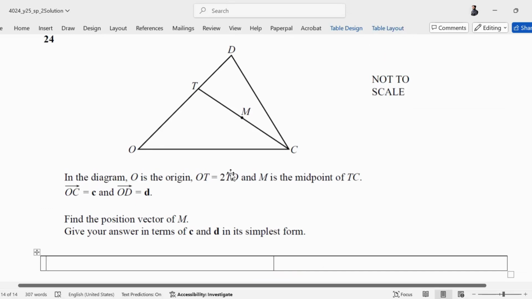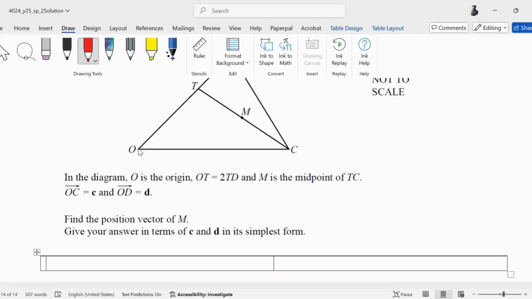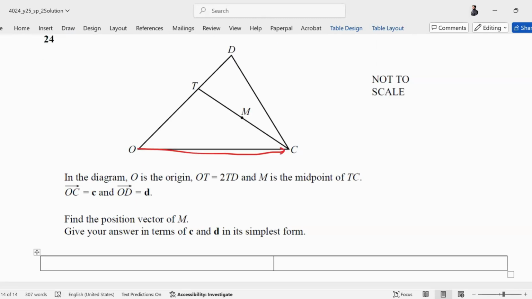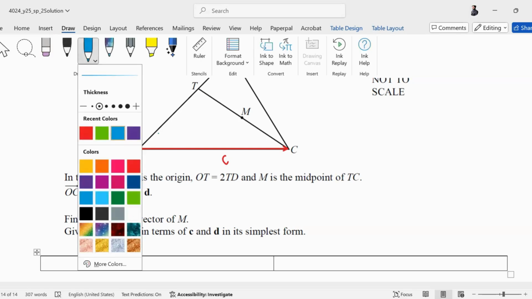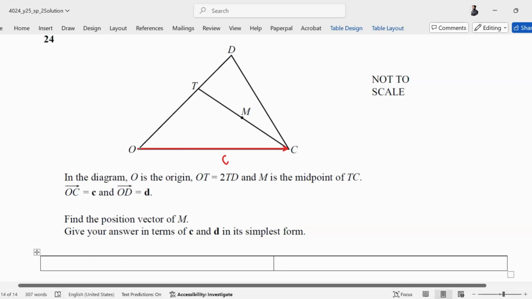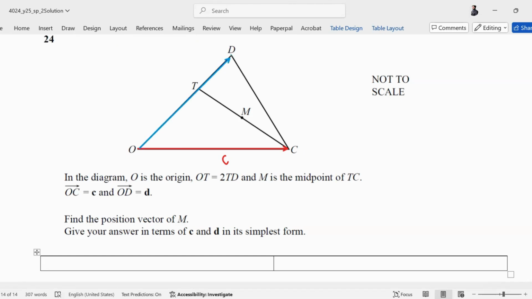The question has given us the vector OC is c. So it has told us when you go from O to C, this entire vector is c. And when you go from O to D, this entire vector is d.